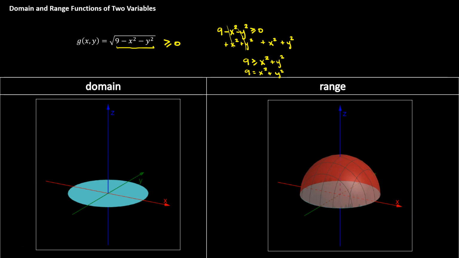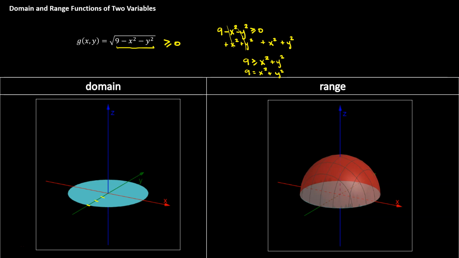So our domain is the circle in the xy plane with a radius of 3. And when we plug all of these points into our function, we generate this red dome that you see on the right side of the screen. We can see that at the edge of that domain, we have the smallest values of our function.